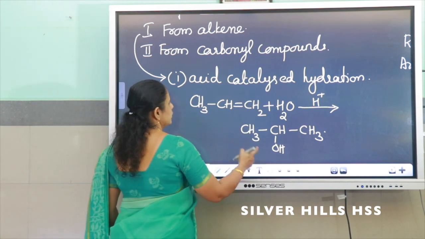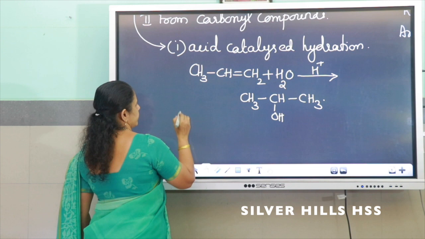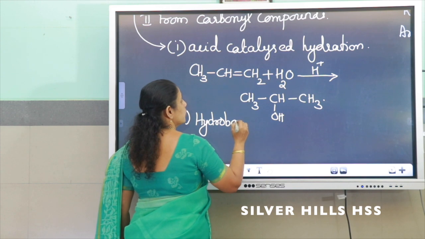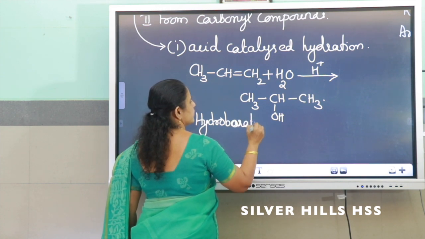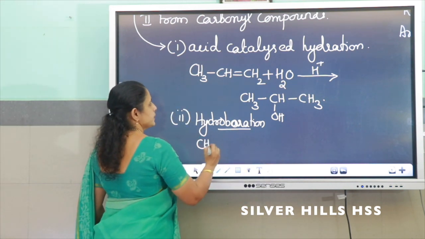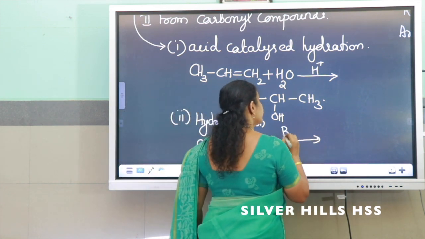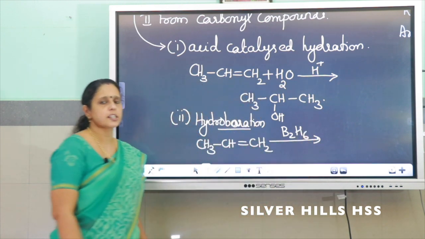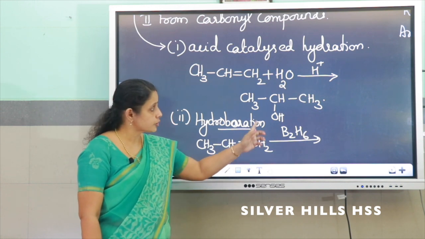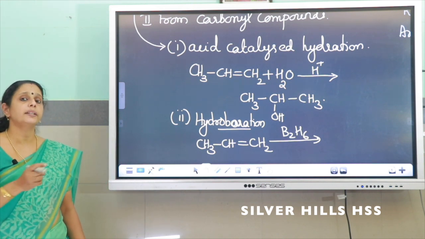By another method also we can prepare an alcohol from an alkene, that is hydroboration. When an alkene is treated with B2H6, known as diborane, and addition takes place, we obtain an alcohol according to anti-Markovnikov's rule.